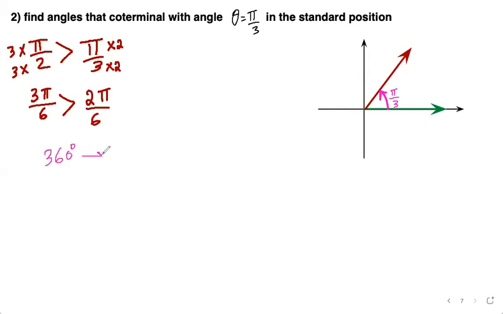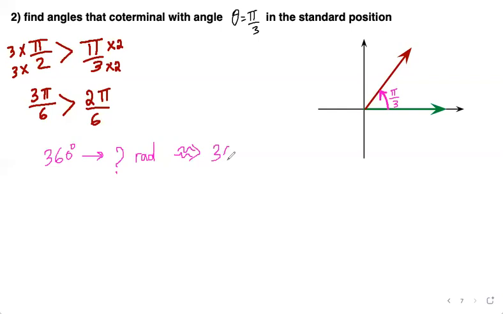I want to change 360 degrees to radians. How many radians? 2 pi, correct. Thank you, Bilal.